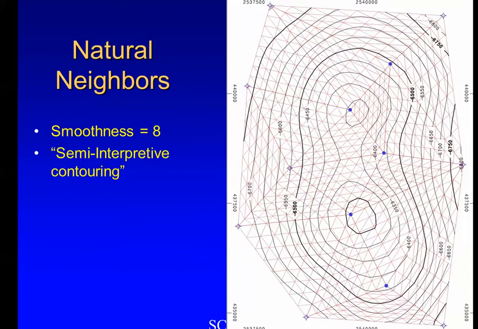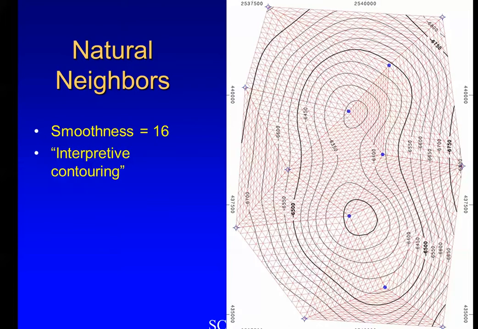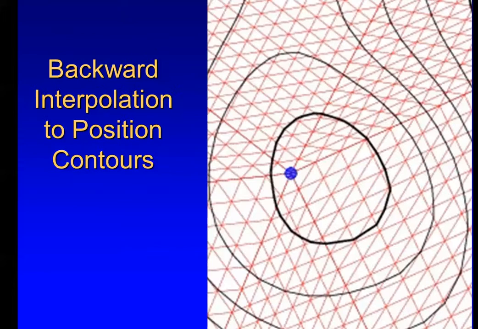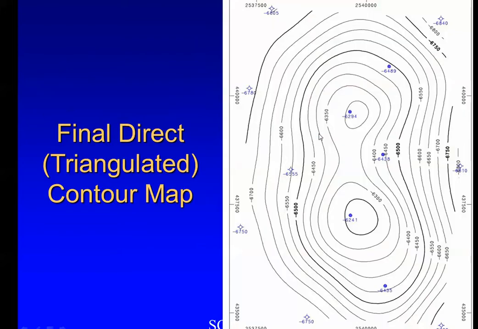And the more smaller triangles that we use, the smoother the map gets. And finally it gets to where it's almost beautifully smooth. But if we look within any interior triangle, it is a straight line vector within any triangle. So there's the final triangulated contour map.